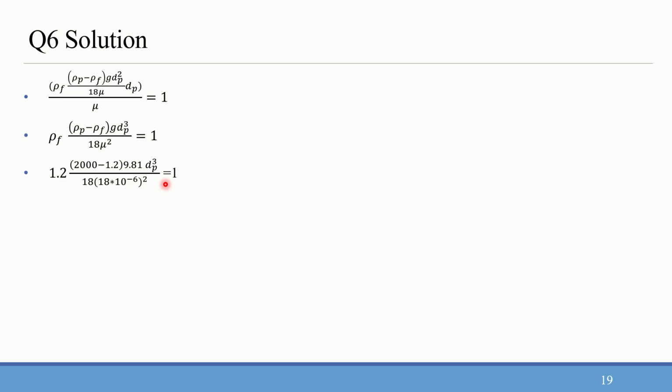I'll just do the calculation once again for confirmation. 18 into 10 power minus 6, squared, into 18, divided by 1.2, divided by 9.81, divided by 2000 minus 1.2.